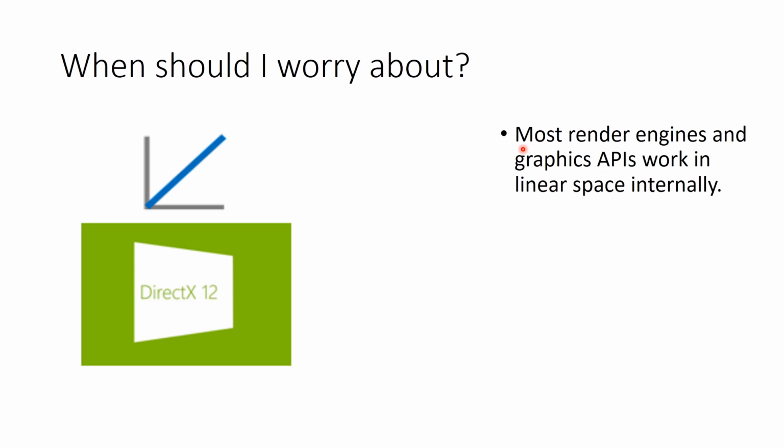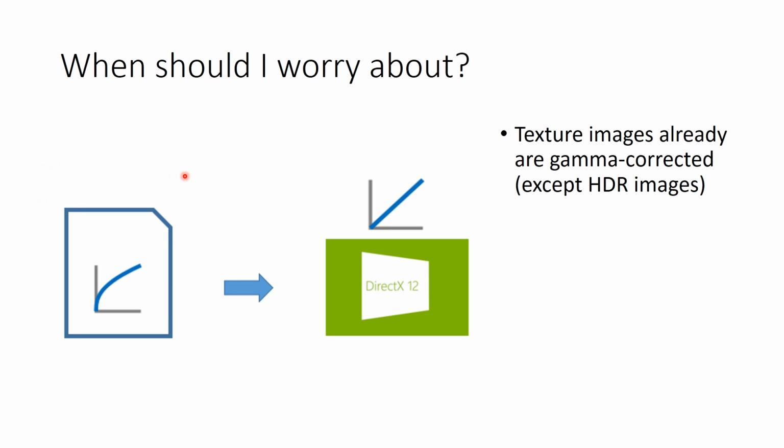But for example, if you are a graphics developer, you should know that most render engines and graphics APIs work in linear space internally. So they assume all the data that is sampled or used is in linear space. As we saw, texture images are already gamma corrected.